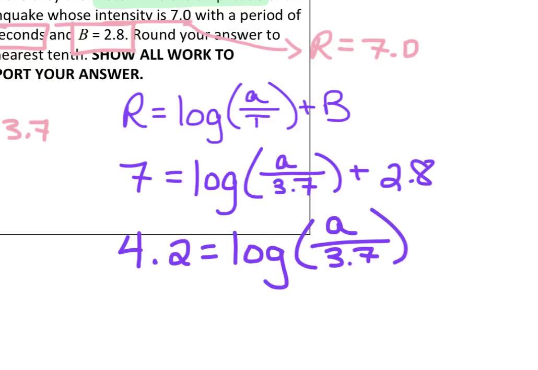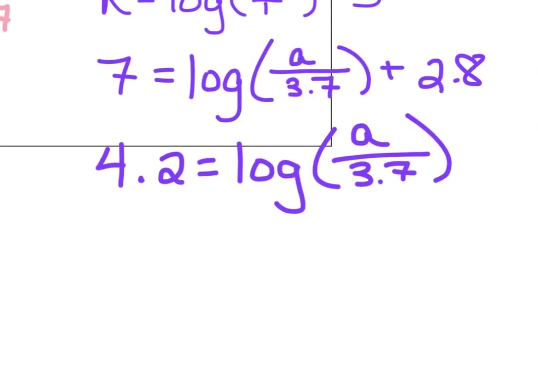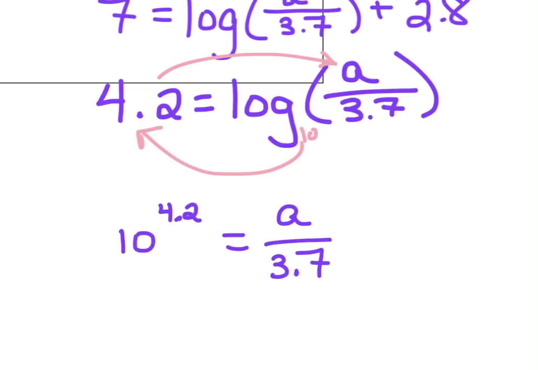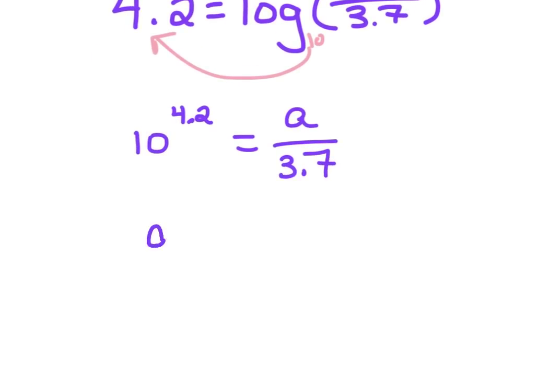And what I want to do then is rewrite this. Remember that that log is log base 10. And so I'm going to do 10 to this power equals that thing over there. So 10 to the 4.2 power is equal to A over 3.7. And to get A by itself, I'm going to multiply both sides by 3.7.